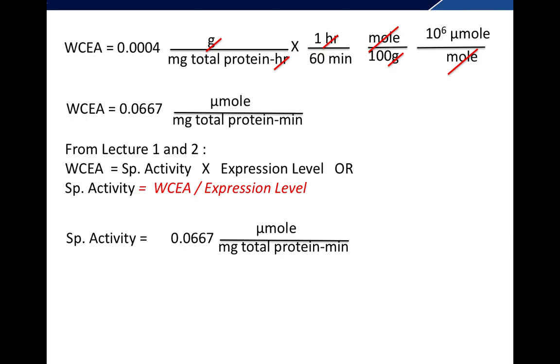So if we have 0.0667, right, the other assumption we need to make, which we weren't given in the problem, is how good are we expressing this protein, right? What is our expression level?